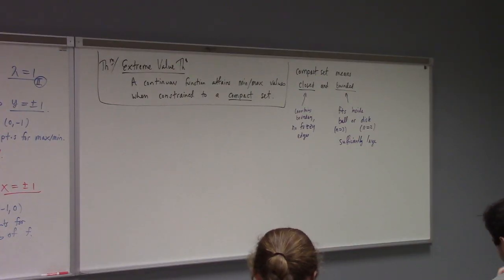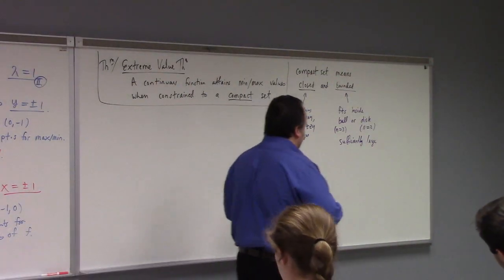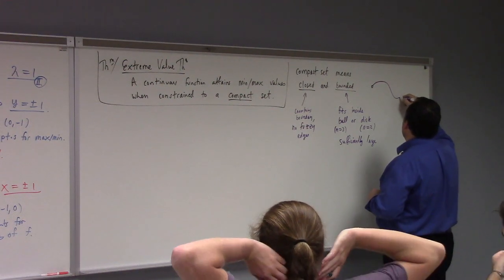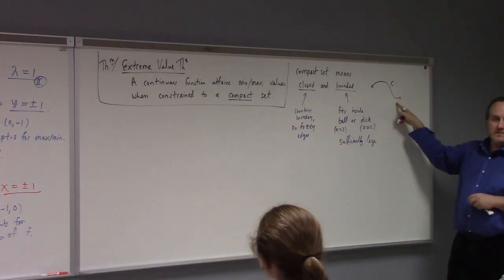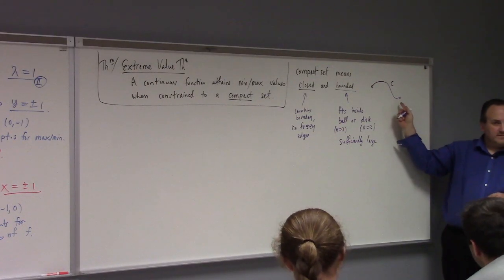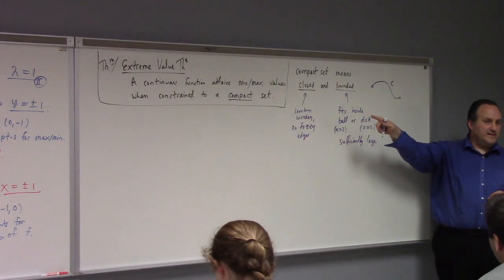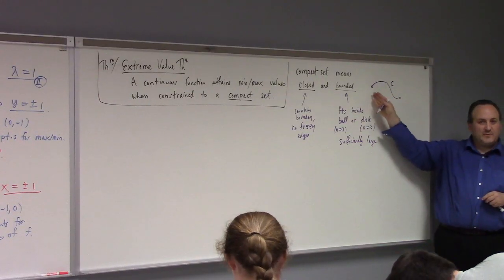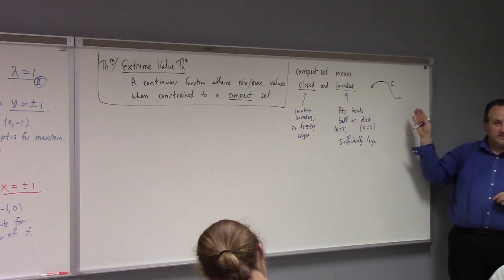But yes, a closed curve. If I had a curve like this, guys, if this was the curve, this curve would not be closed because it's missing the endpoints, right? And then this theorem would fall in that kind of context because it could be that you're reaching the maximum or the minimum at those endpoints, and that's how the theorem breaks down, right?